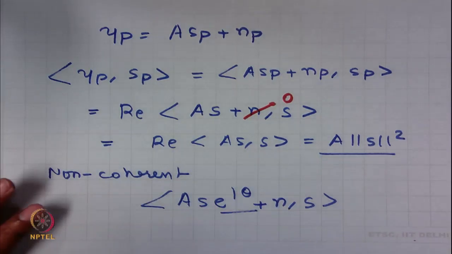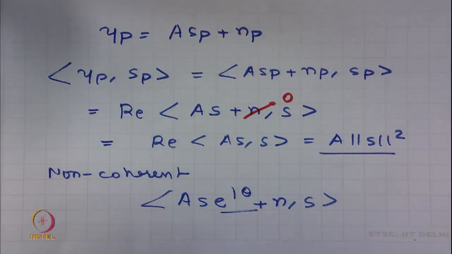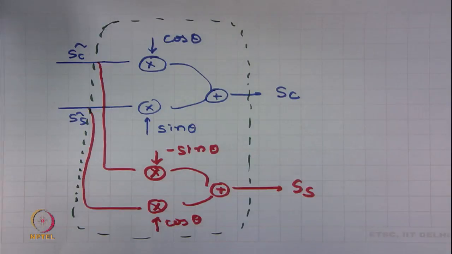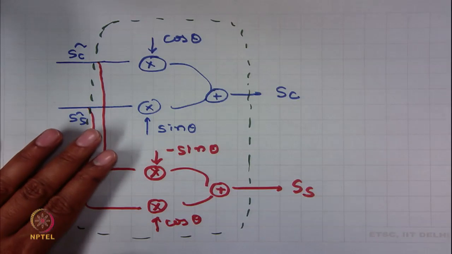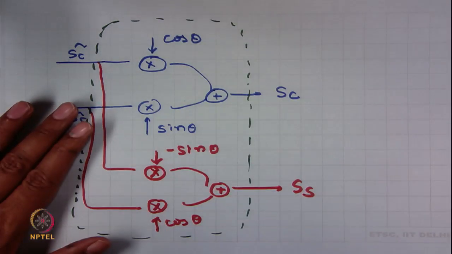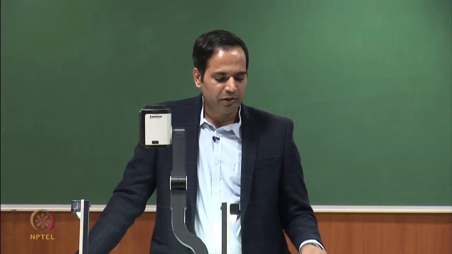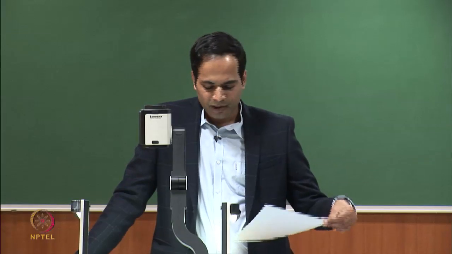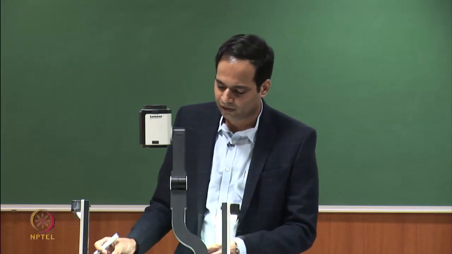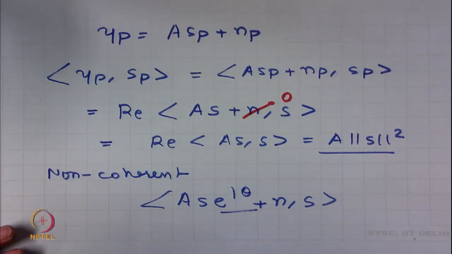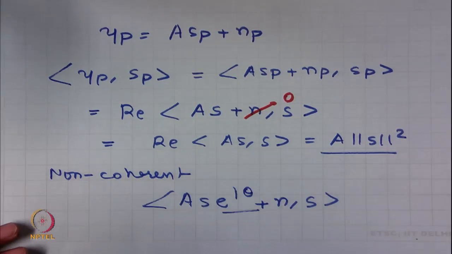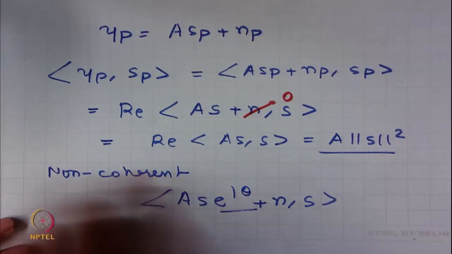In a non-coherent receiver, what we normally assume is that it does not use such a complicated structure. It simplifies the design by not using it, but then it has to pay some penalty, and this penalty we will see when we talk about the performance of non-coherent receivers. At this point, let us just see what happens if you compute this inner product for a non-coherent receiver.